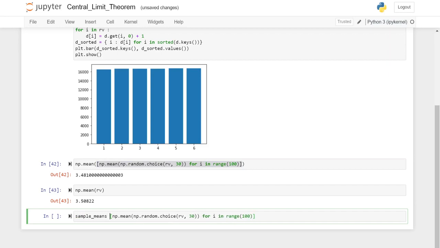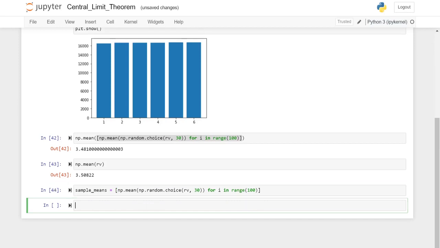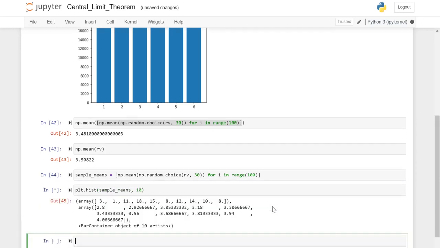Sample means we will call it. Now we will say draw a histogram of sample means. So we'll write sample means and we'll say the bin size is 10.